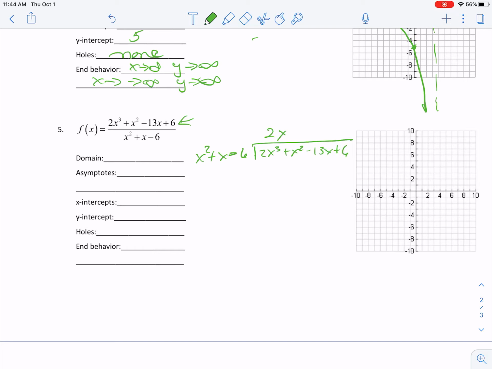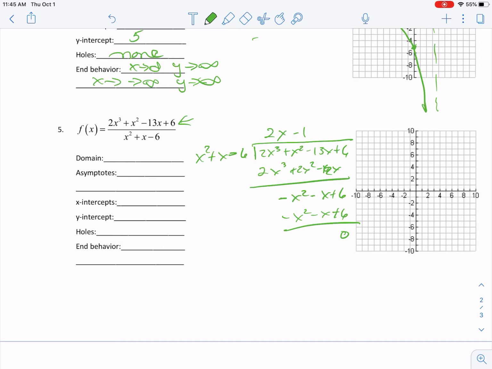Multiply by 2x, you get 2x cubed plus 2x squared minus 12x. Remember, you're subtracting, so I get -x squared minus x plus 6. So I multiply by -1, and sure enough, it's a 0.